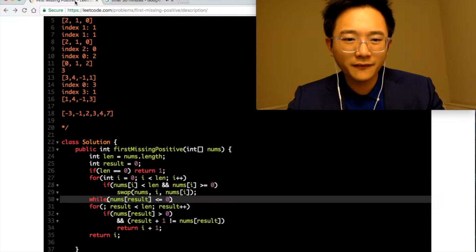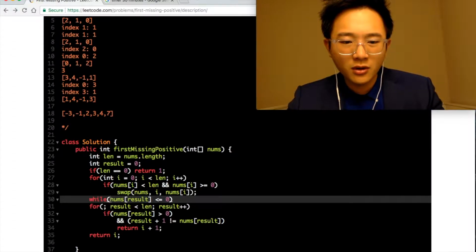I think I can figure this out. While numbers result is less than 0, well, result is less than length.